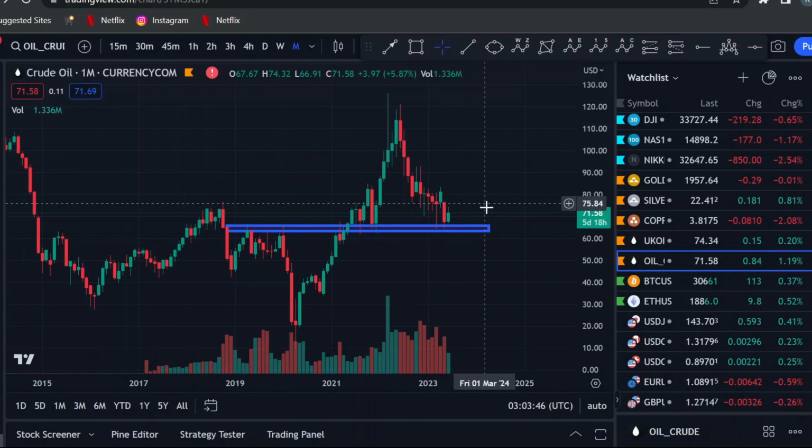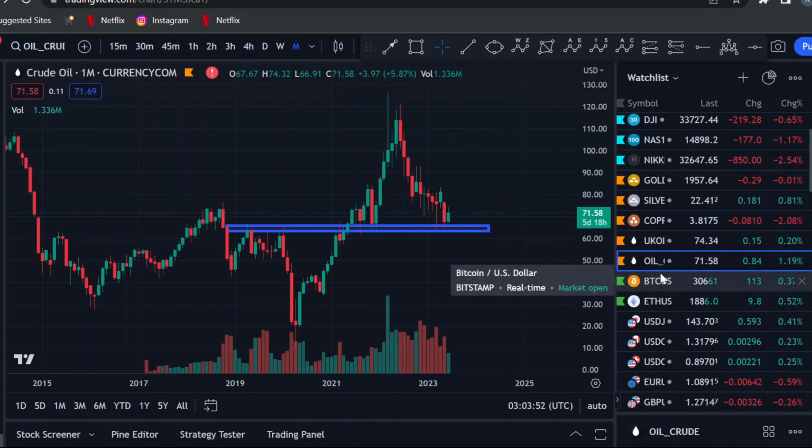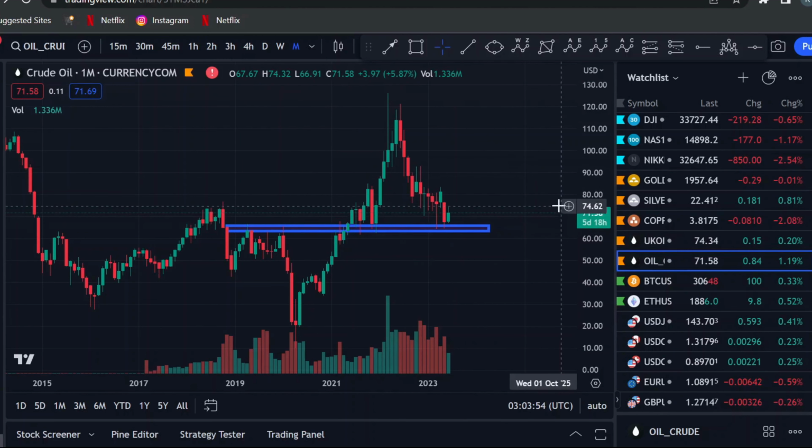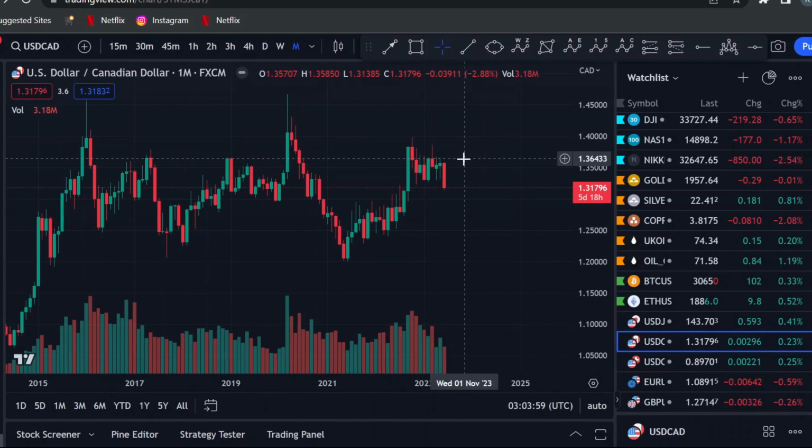And by the close of the monthly candle, watch the USD CAD. This is most likely going to be a deep lower wick. So let's move on to the CHF.